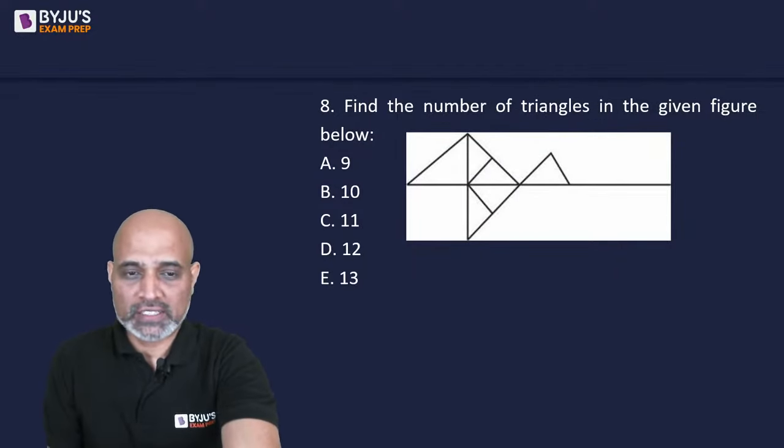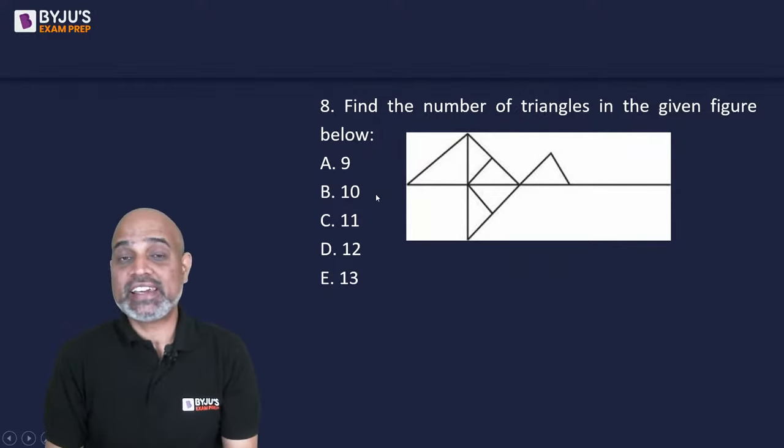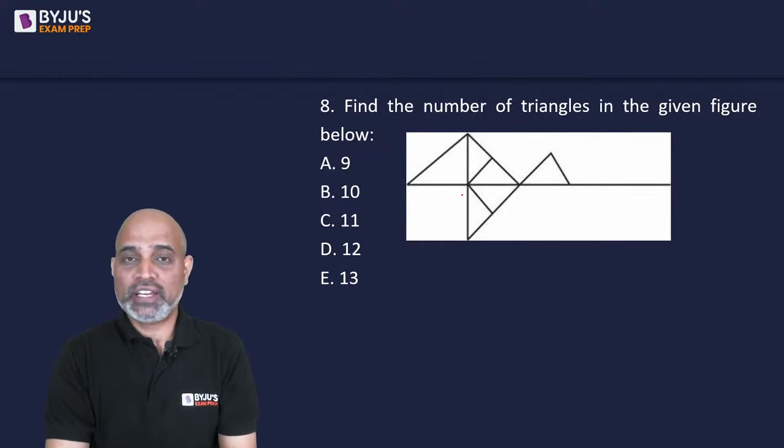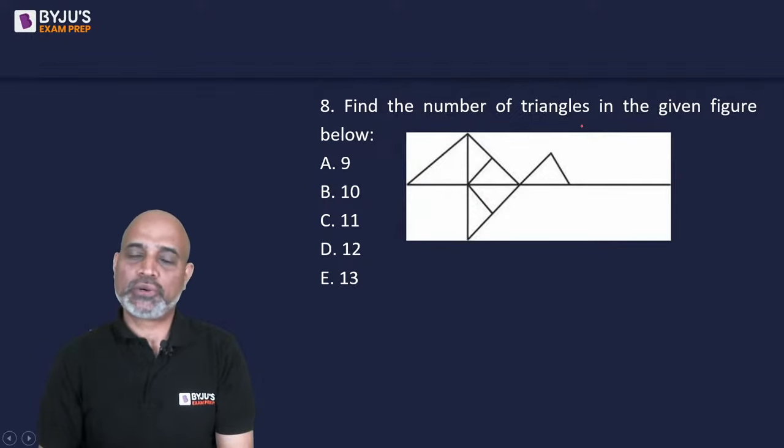So number of triangles in this figure. Akash, the boundary was rectangular. E, none of the above. Square boundary, then D. I will not allow rotation because length and breadth matters. The size matters.